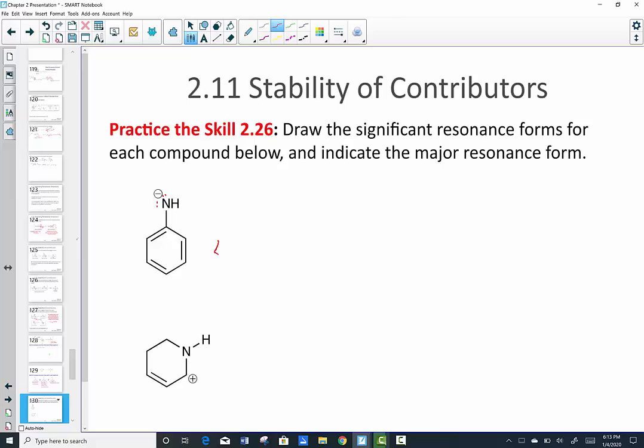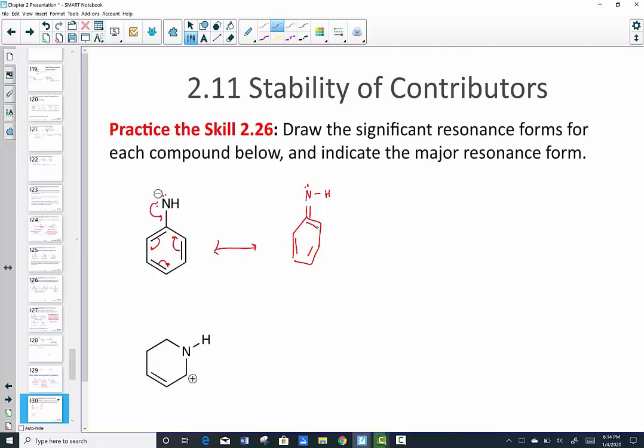I can move a set of dots to become a pi bond, and when I do so, I form 1 hydrogen leading out here. It now has a double bond, 1, 2, 3, 4, 5. And then of course I can move these around and I can have the double bonds appearing this way.